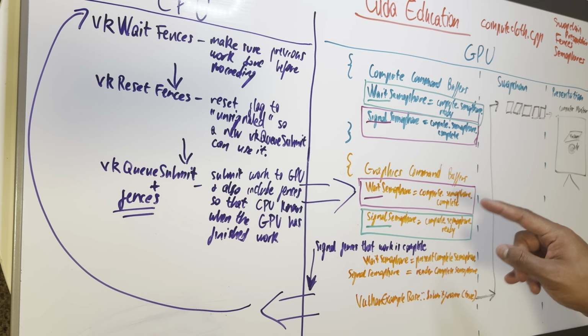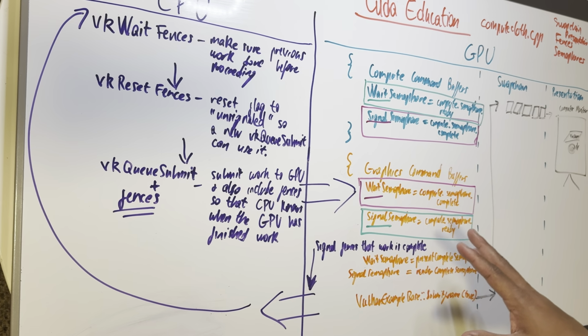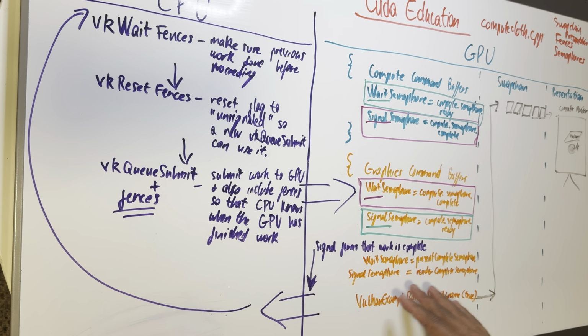So this process waits for the presentation to be complete before we start to do stuff on the frame. Once we do stuff on the frame, then we signal that, hey, render has been complete and that frame is now free to be presented to the screen. Okay, and that's pretty much what I wanted to discuss in this portion.